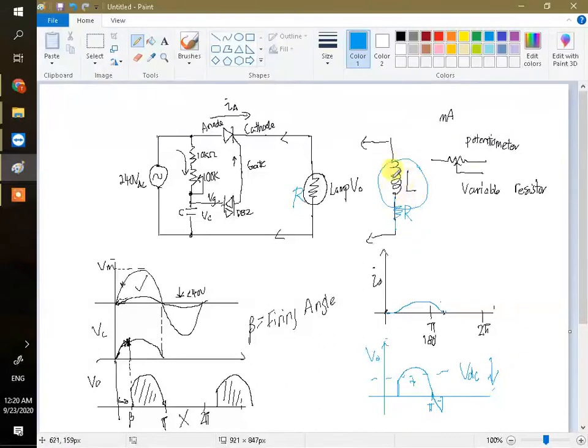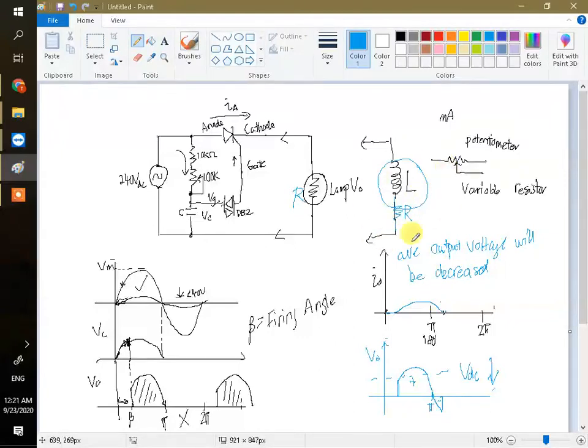So if you use a heavy inductive load with this transistor and this AC voltage, the average output voltage will decrease when you use the inductor.